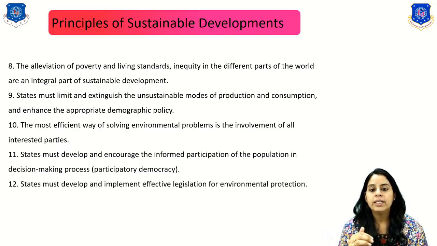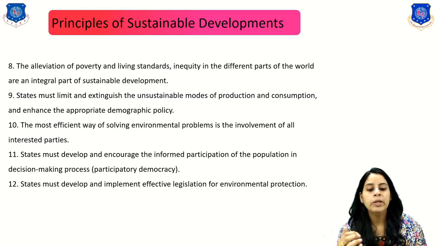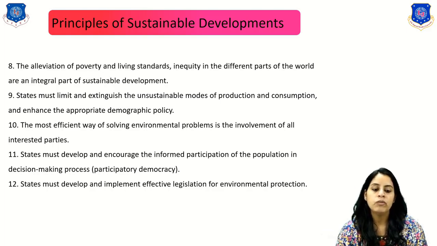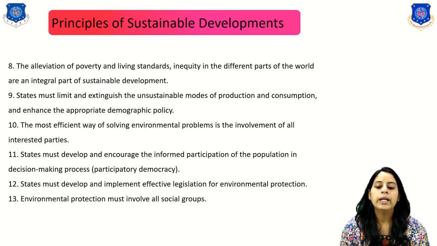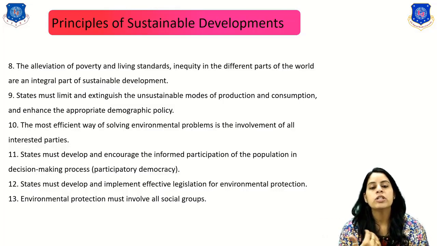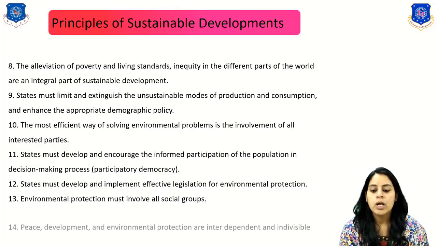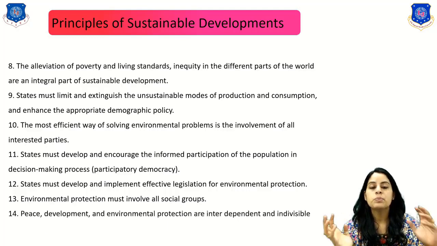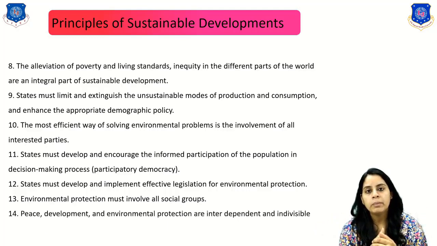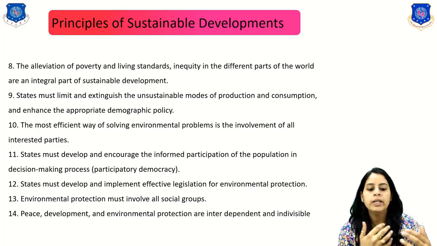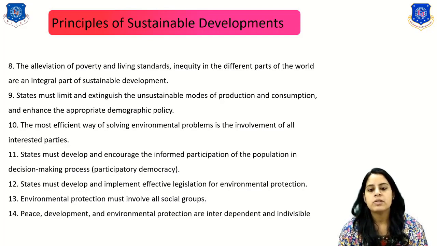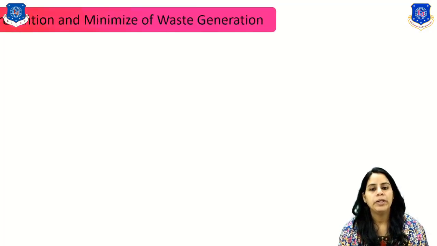Okay, then 12 is that states must develop and implement effective legislation for environmental protection. Then environmental protection must involve all the social groups. Okay, and the last one, which is that peace, development and environmental protection are interdependent and indivisible, right? So these 14 are the principles of sustainable development.